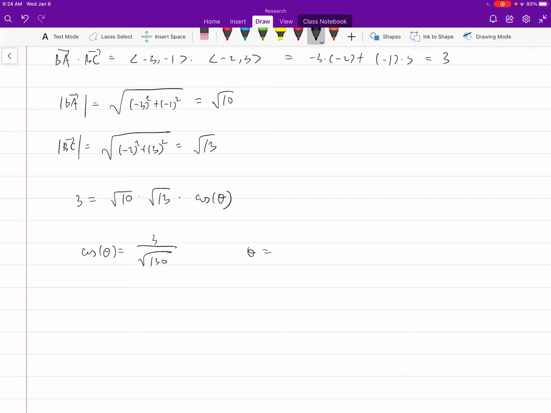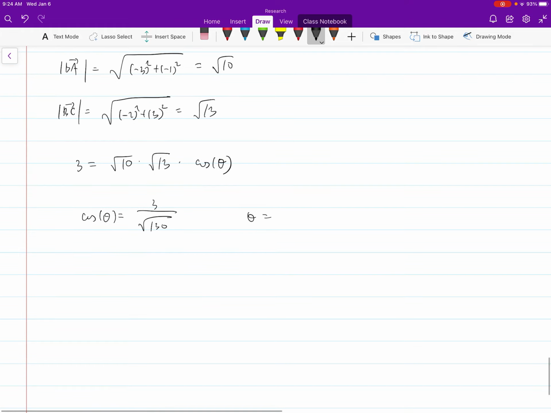Okay, so cosine inverse, roughly it's going to be 1.3. Okay, pay attention when I do things like that. It's going to be radians. For degrees, you probably have something a little bit bigger, roughly like 75 degrees. Roughly. Okay.